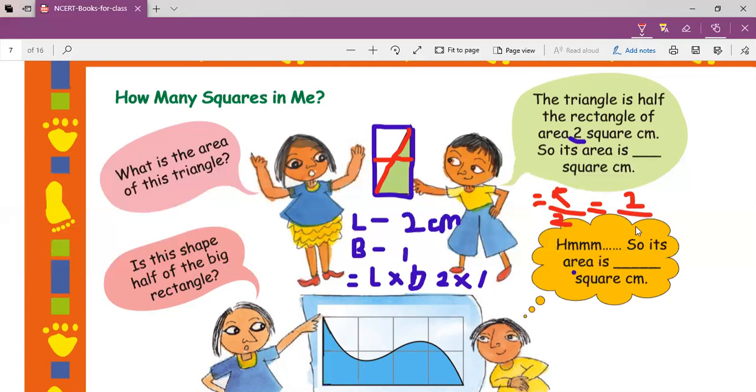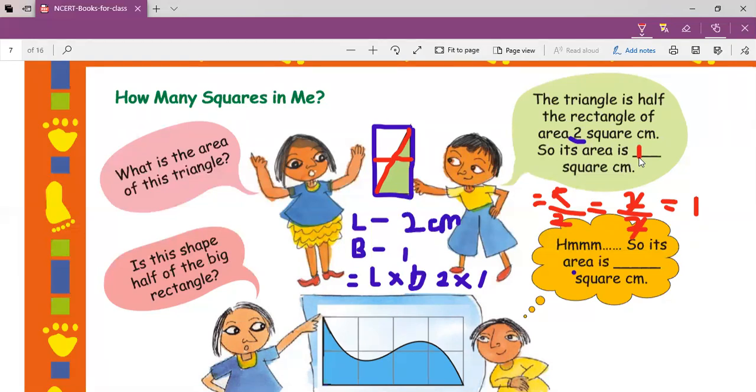What answer will we get? Do the division fast. 2 ones are 2. So the answer is 1 square centimeter. So the area of the triangle is 1 square centimeter. Understood how to find the area of a triangle? Yes. Now let's go.